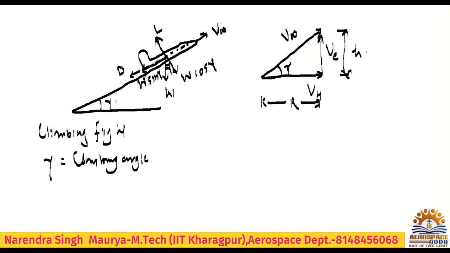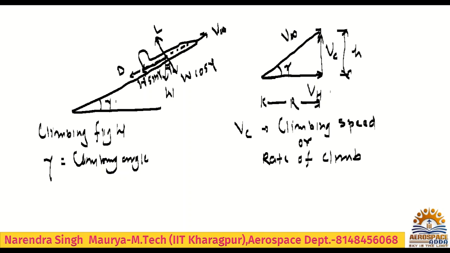I hope you understood. It's a very simple problem, but you have to apply the concept. This is the C, I will correct it, it looks like an E, but it's a C. So Vc is the climbing speed, also called the rate of climb.